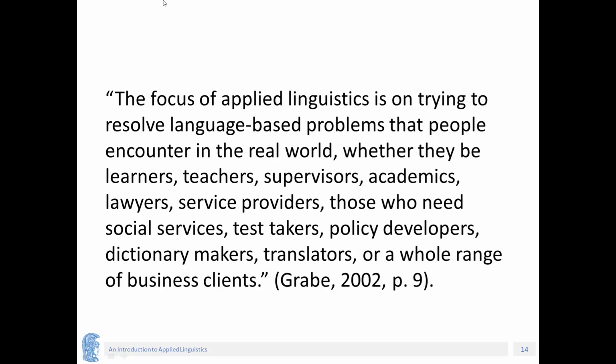The focus of applied linguistics is on trying to resolve language-based problems that people encounter in the real world.